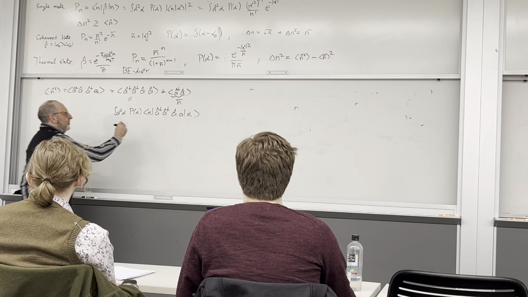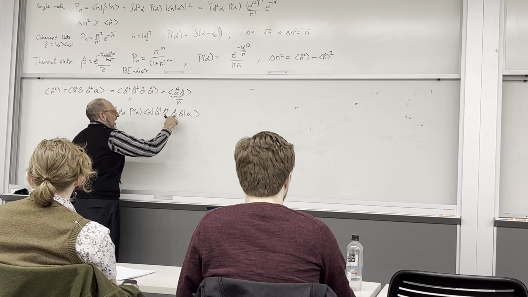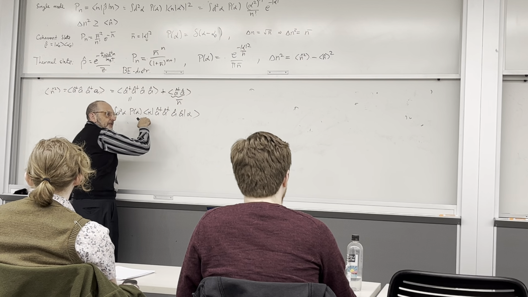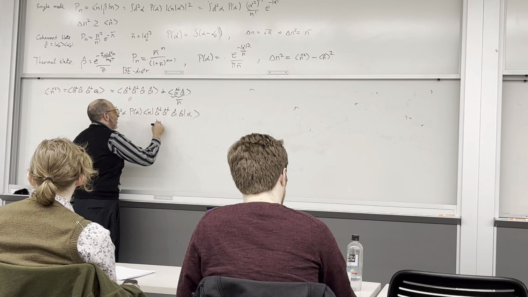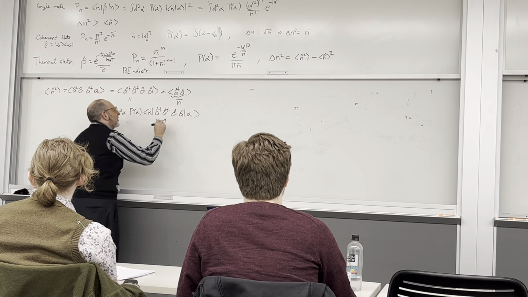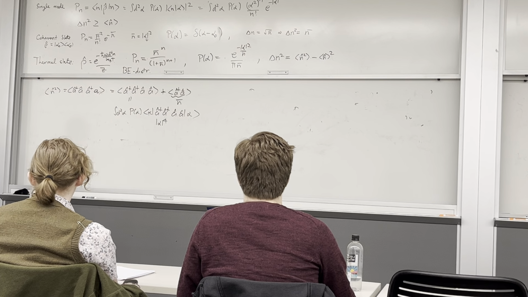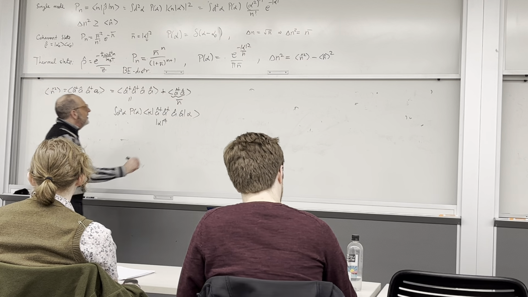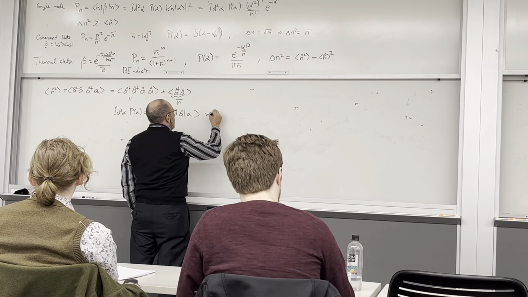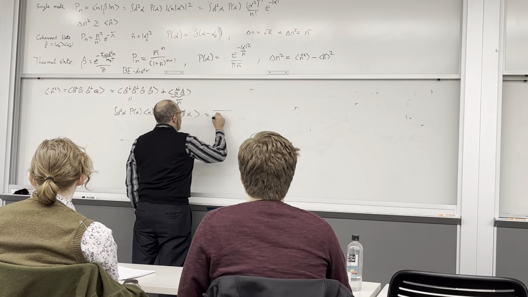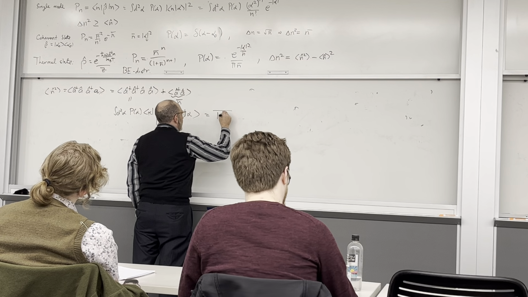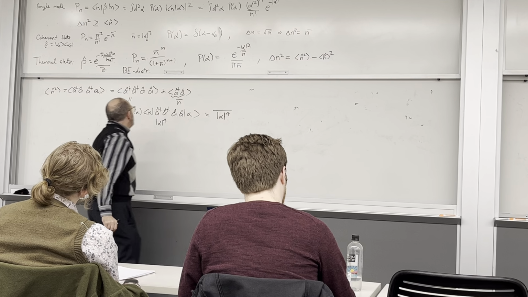Which is equal to alpha squared, alpha star squared, which is alpha squared squared, or alpha to the 4th. So this is equal to the statistical average of the intensity squared, or alpha to the 4th.